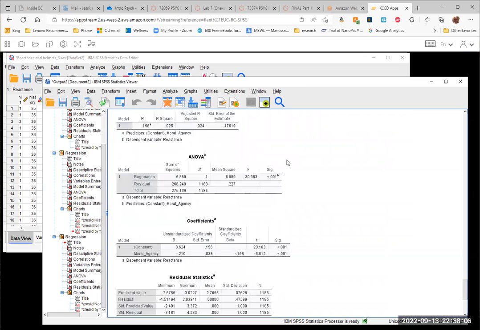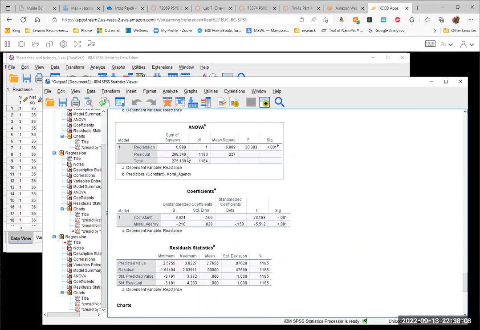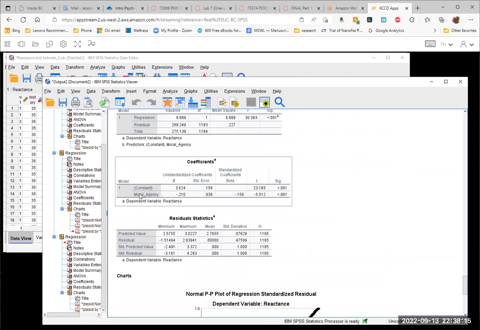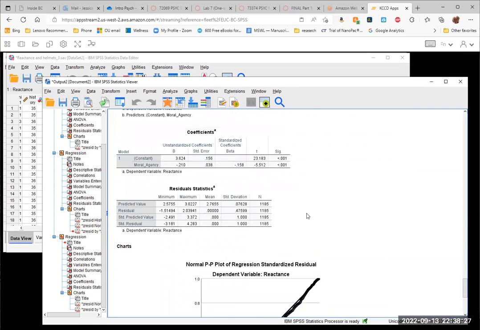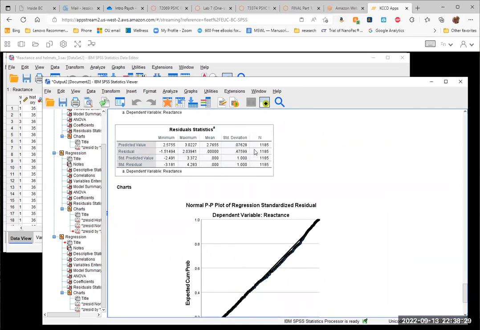We have, as usual, our ANOVA table with our sums of squares, residual, error, regression, and total. Then we have our coefficients. So we have our intercept, which is 3.62, our slope, which is negative 0.21, right? And our standardized, which is the same as our correlation coefficient. We have some statistics which, for this course, we're not going to worry about.